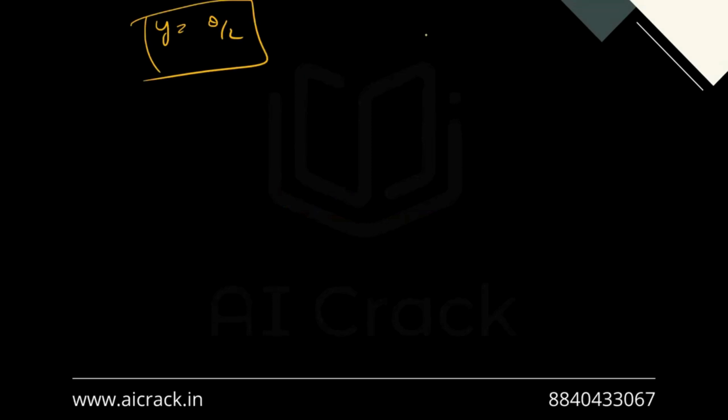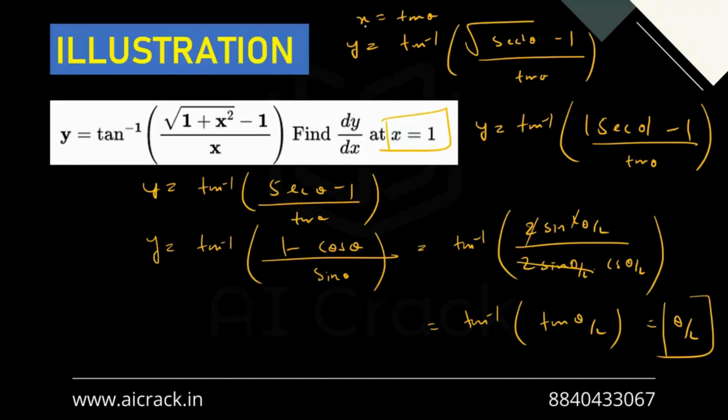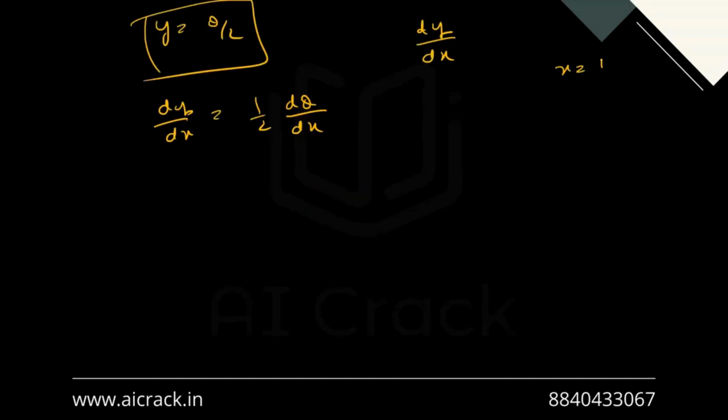Now the interesting part over here is we have to calculate dy by dx, right? So dy by dx would be 1 by 2 d theta by dx, right? Now how do we find d theta by dx? We can find it from this substitution. We have x equals tan theta. So dx by d theta would be sec square theta, right?